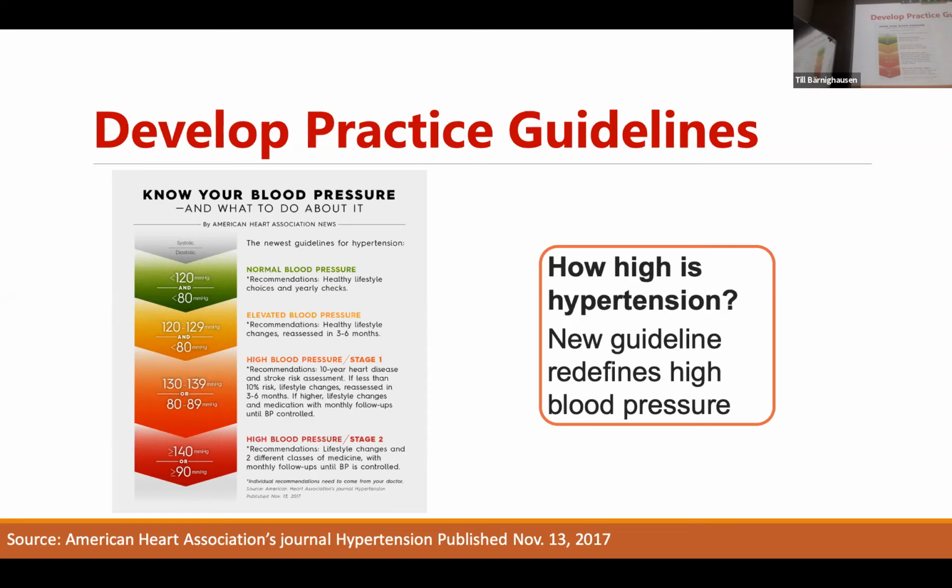This kind of evidence is important for designing practical guidelines, both in the clinical field and in primary care practices. And currently, other countries are considering whether to adopt these new guidelines or not.